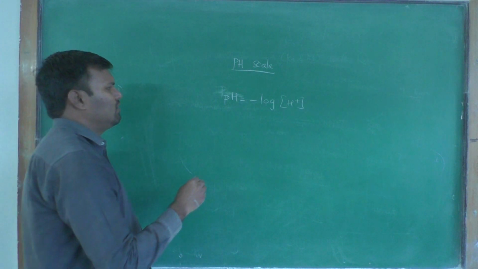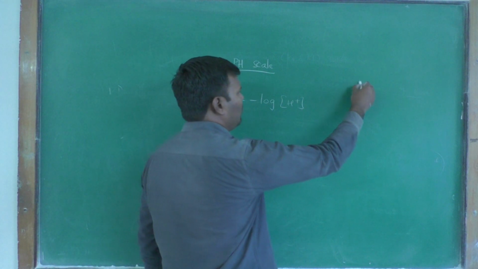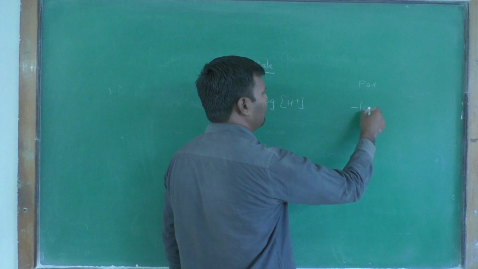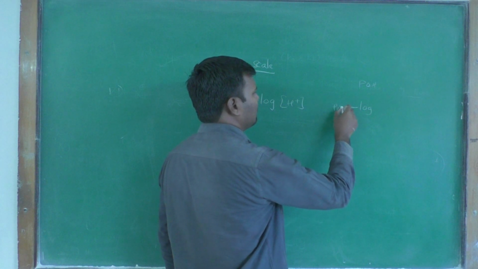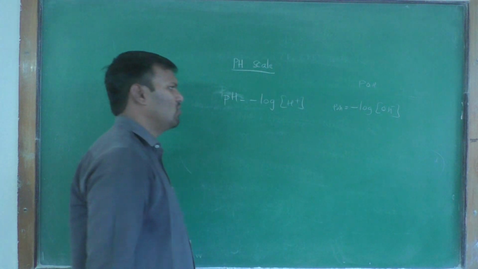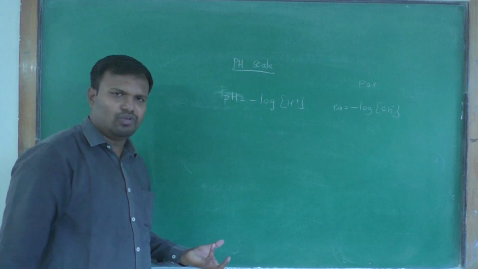And pOH is the negative log of the molar concentration of hydroxide ions, OH minus ions.